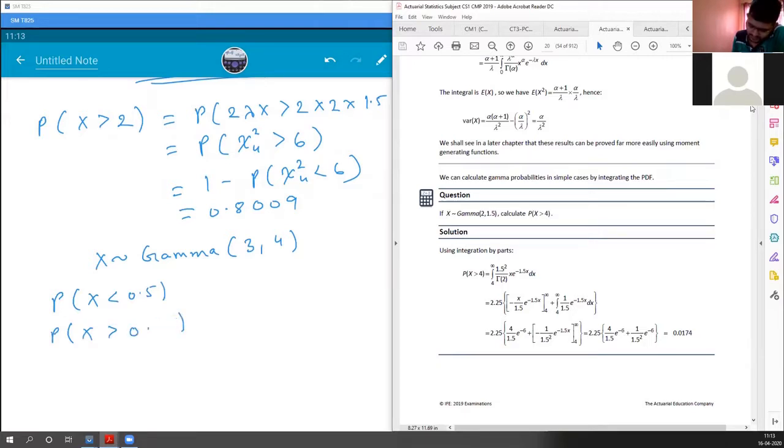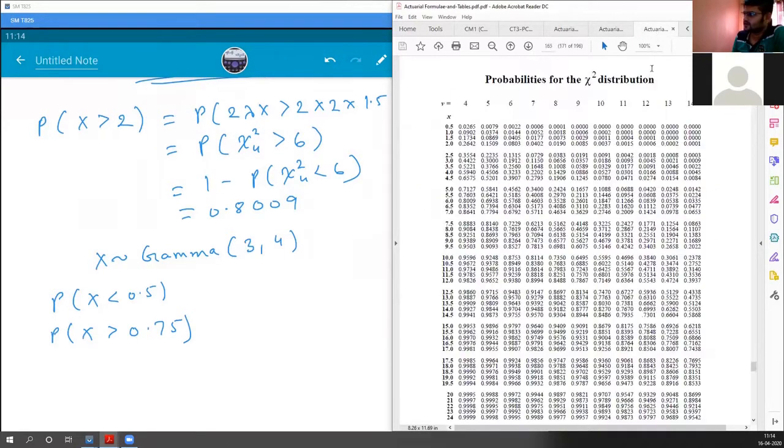Find both of these. If you want the table, I will leave this.